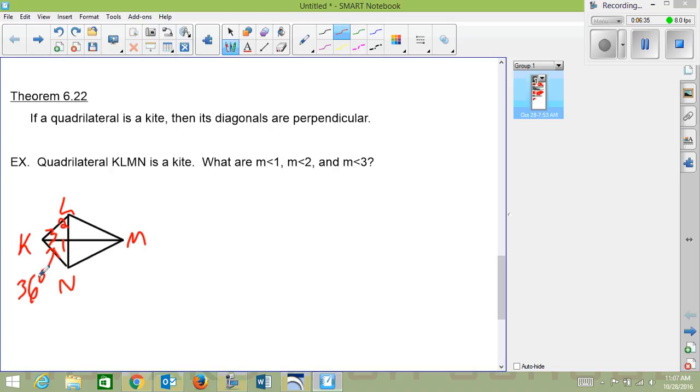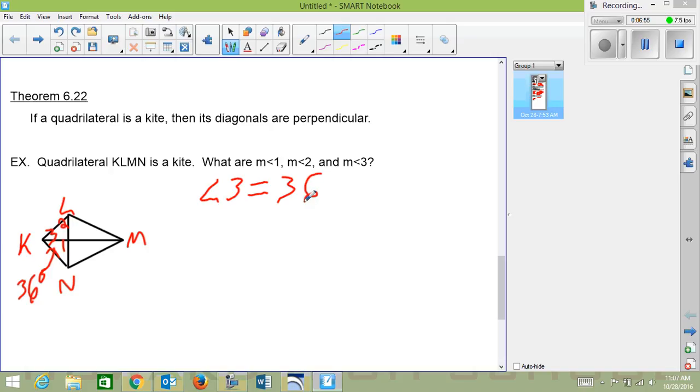36 degrees is pointing to this corner right here. If this is 36, guess what? Angle 3 also has to be 36. How do I know that? That diagonal is cutting that angle in half, so it has to be.